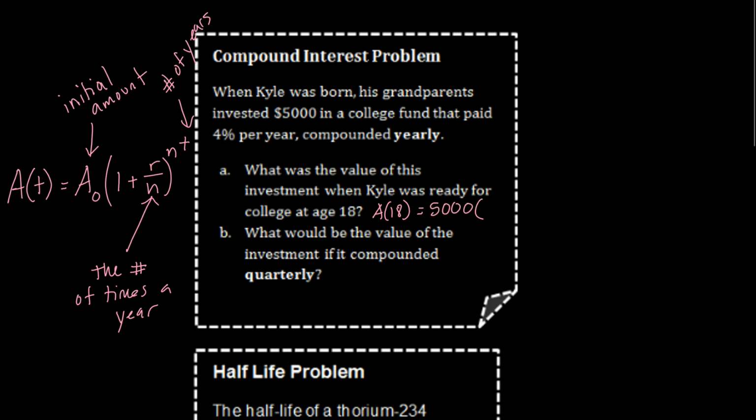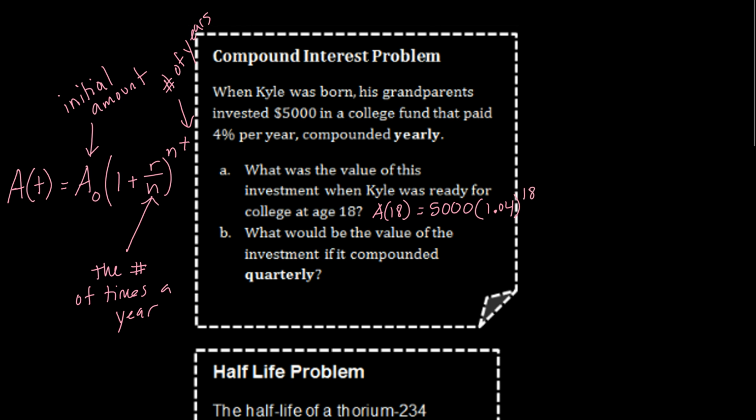And then, do we have an N? No, right, it's 1. So we can just do 1 plus the rate. What is the rate? Yes. So our rate is 0.04. We add 1 to it. What we're putting in the parentheses now is 1.04 raised to t, which is 18.